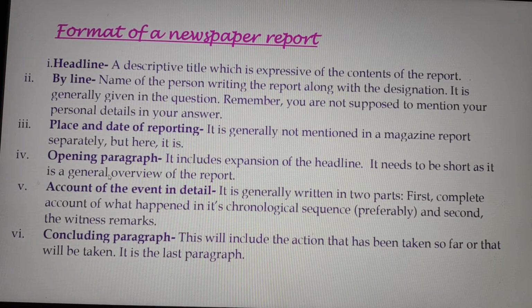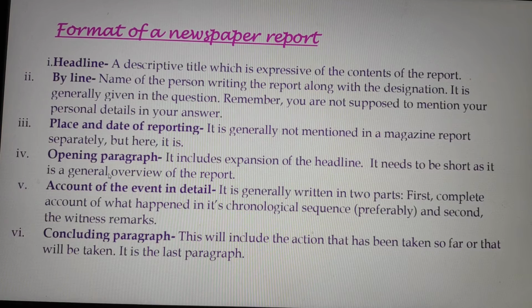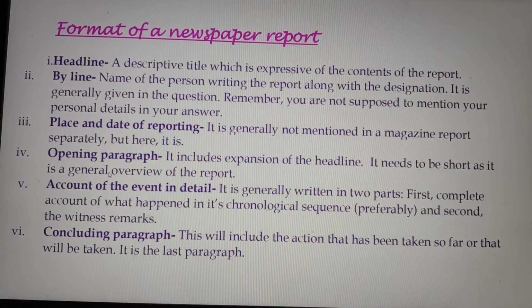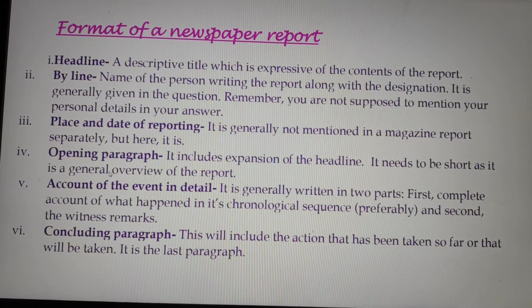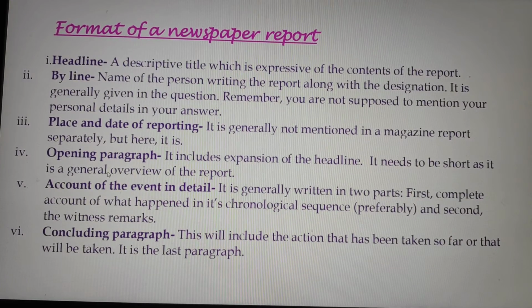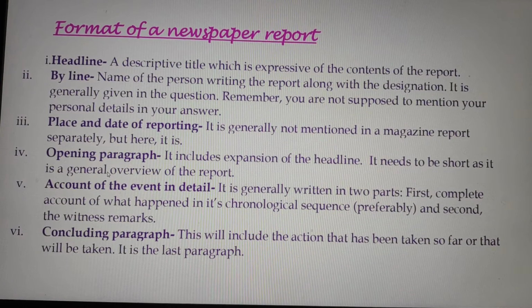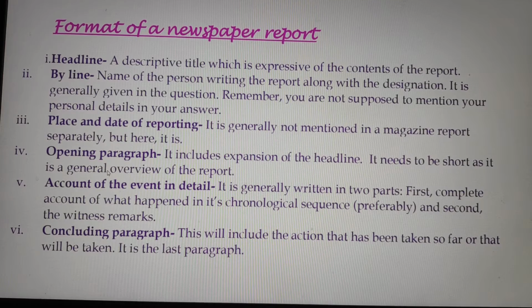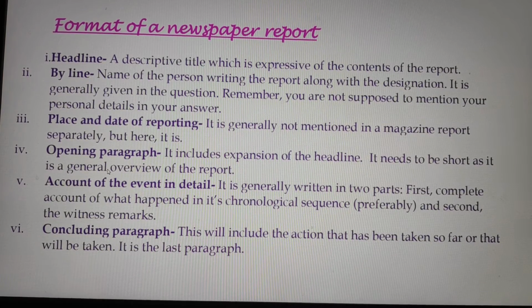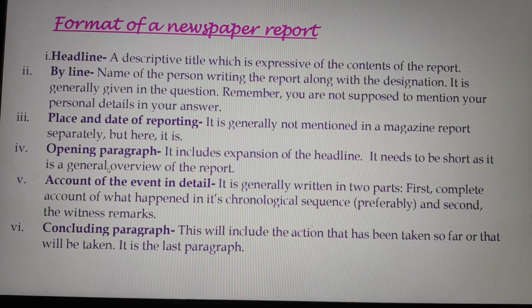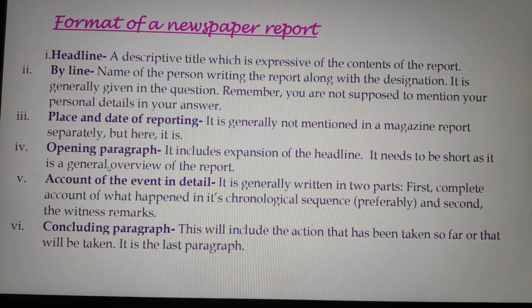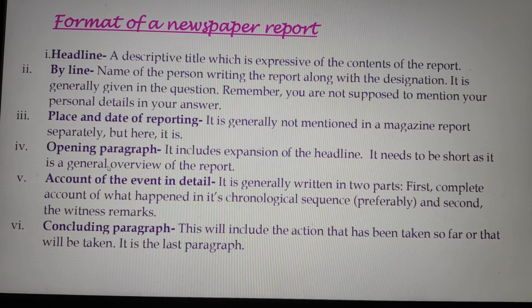Number 4, opening paragraph. It includes expansion of the headline. It needs to be short as it is a general overview of the report. Number 5, account of the event in detail. It is generally written in 2 parts.